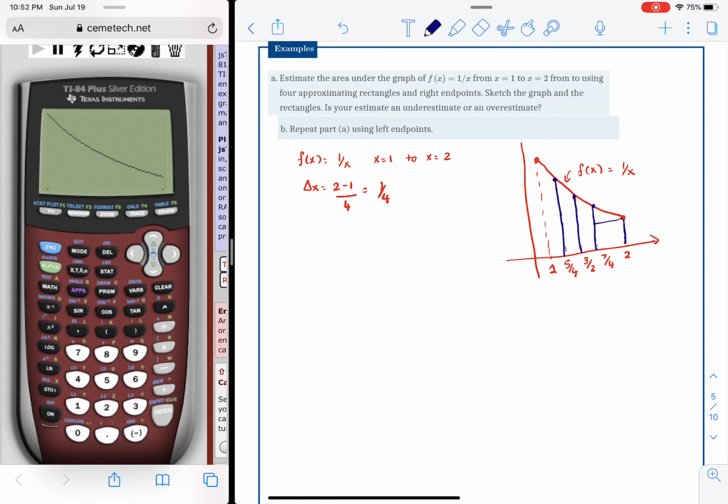And those are the right endpoints, and we could find the values here, which would give us the height. So 1 over 5 over 4 is 4 over 5. There, it's 2 over 3. 7 over 4, I'm plugging it in the function. So 1 over 7 over 4 is 4 over 7. And lastly, I have 2.